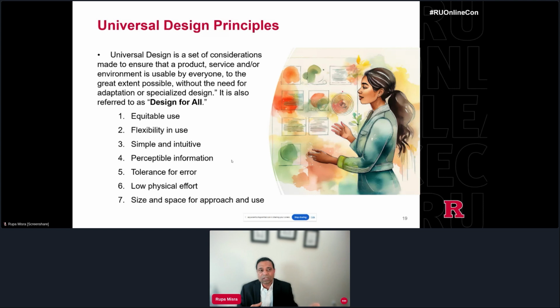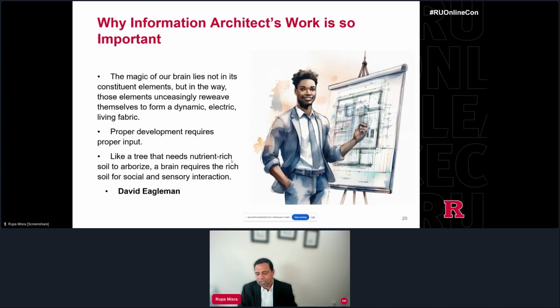We can use universal design principles, and one of the great things is design for all. And here are some of these principles: equitable use, flexibility in use, simple and intuitive, perceivable information, tolerance for error, all kinds of things. So we can use that.